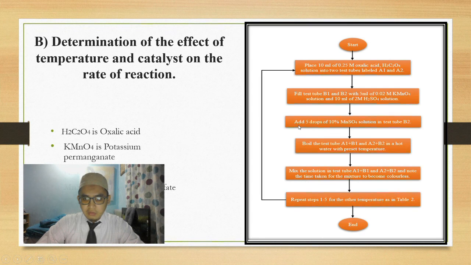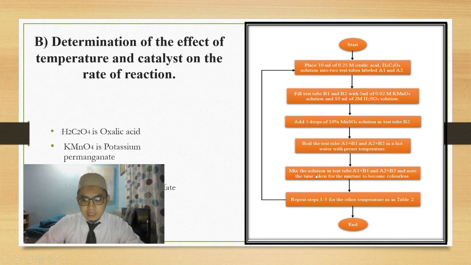Afterward, we add 5 drops of 5% magnesium sulfate solution into test tube B2. Heat the test tubes A1 and B1, and A2 and B2, in hot water at the preset temperature.